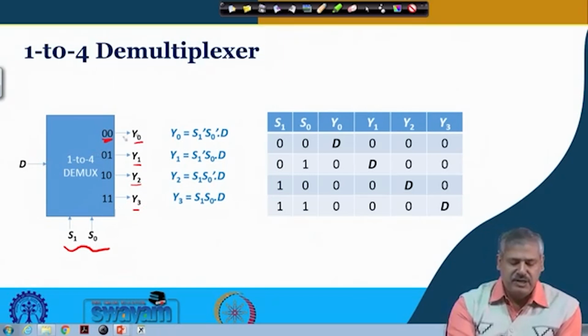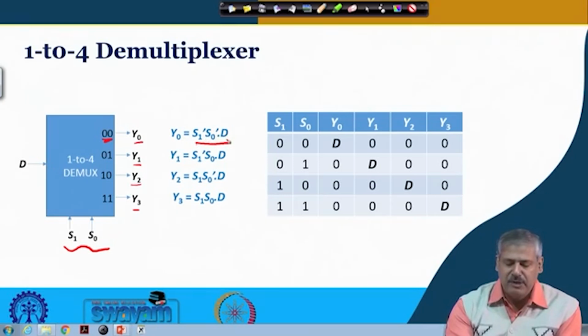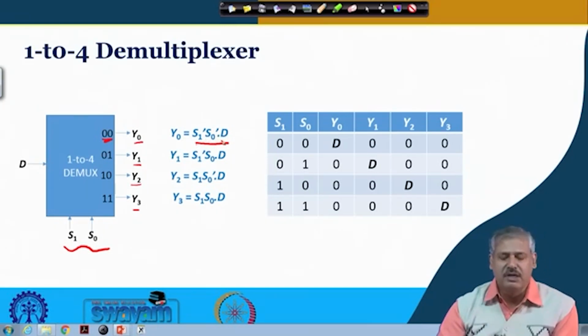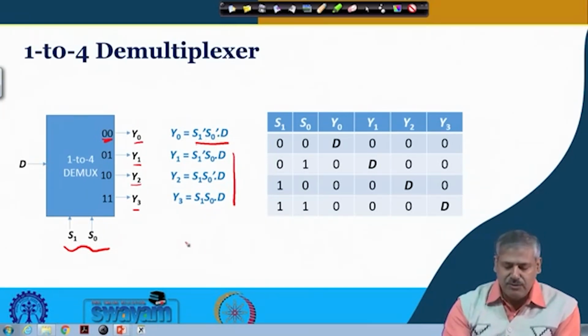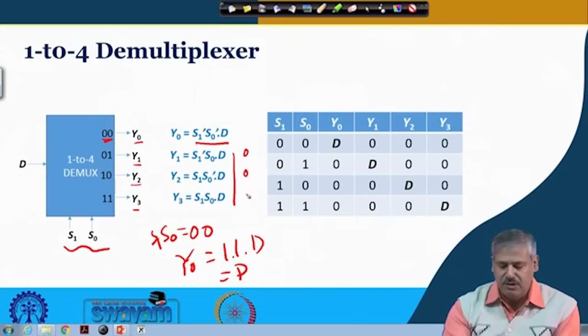What will be the corresponding 3 input AND gates? We have the outputs of the 3 input AND gates. How will we write? We shall write it in this manner. Y0 will be S1 prime S0 prime ANDed with D, and similarly for others. When S1 and S0 are 0 0, Y0 is equal to 1 1 D, which is D, and in all the rest of the cases these are 0, all 3 are 0.